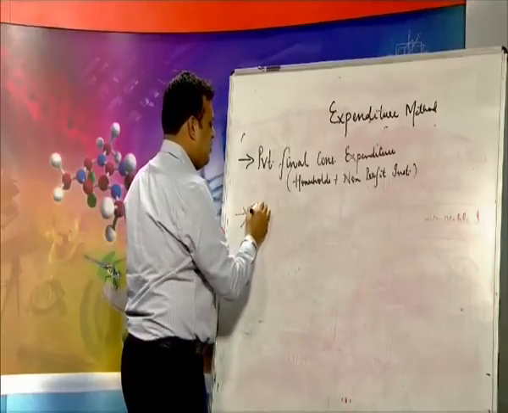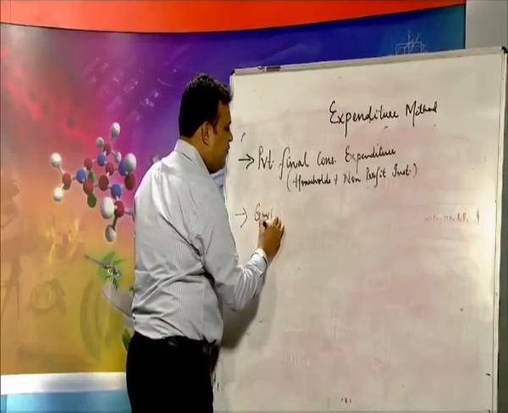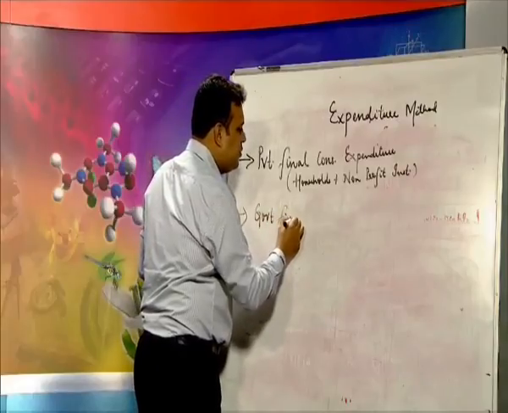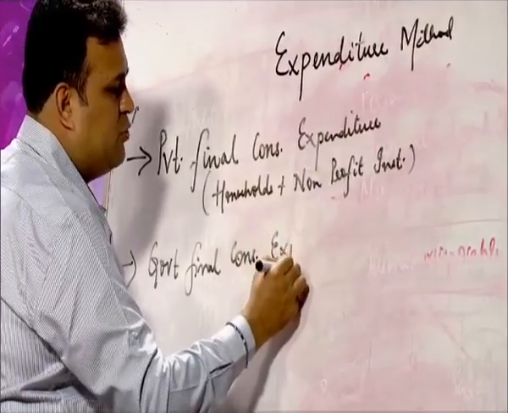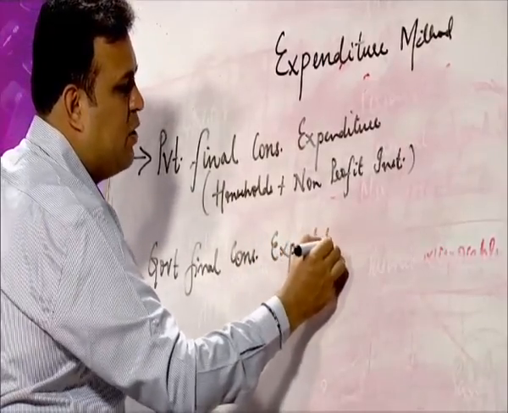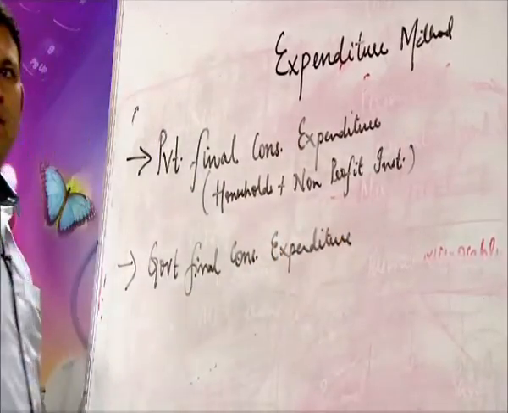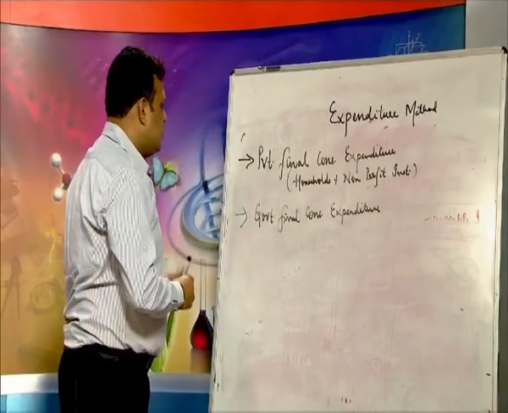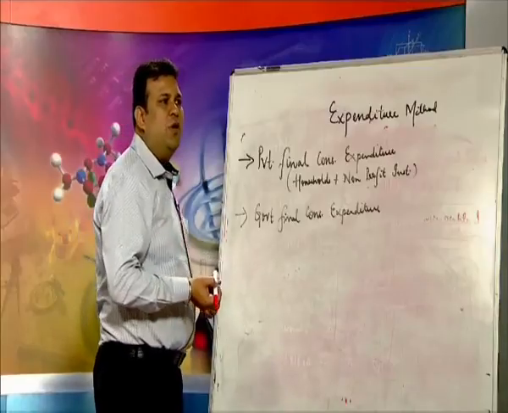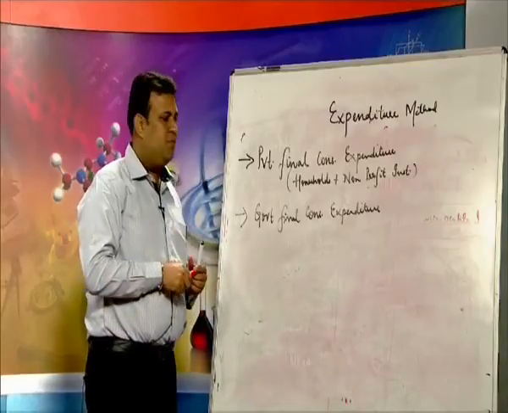Then government final consumption expenditure. Government is also spending on GDP, like government purchase cement, raw material, everything. So government is producer also as well as consumer also.